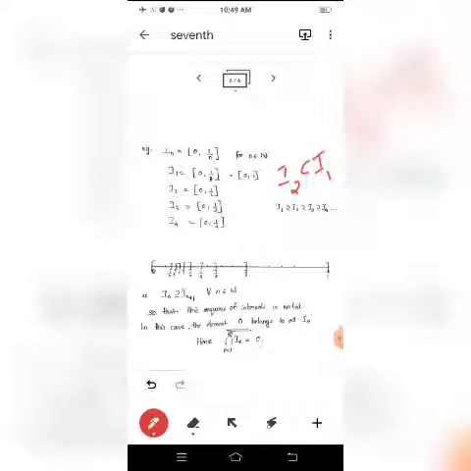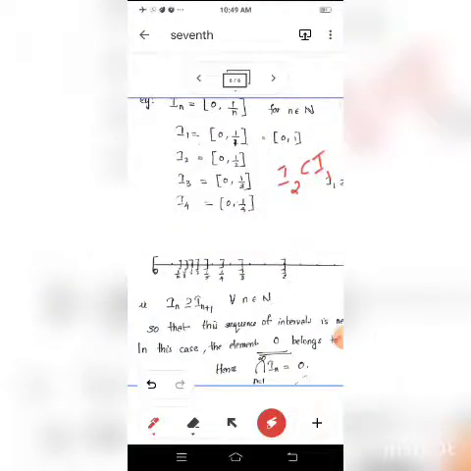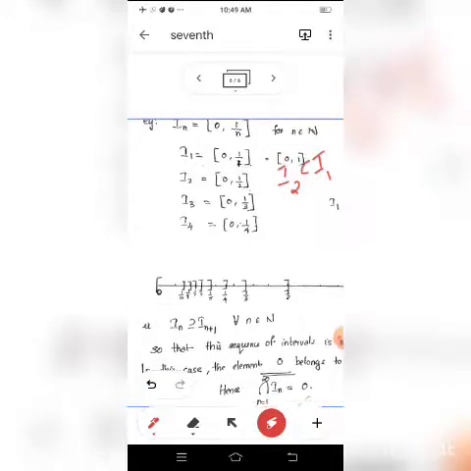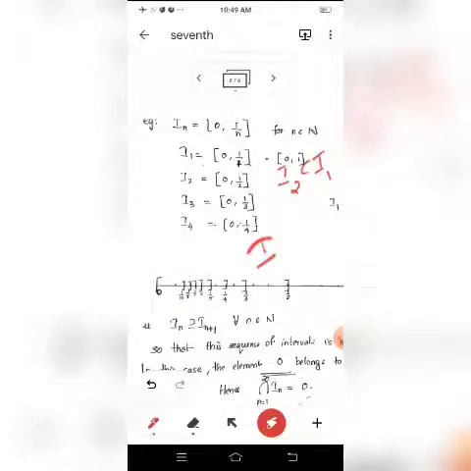Similarly, when we consider the next interval 0, 1 by 3, again the peculiarity is that I3 is contained in I2, and I2 is contained in I1.